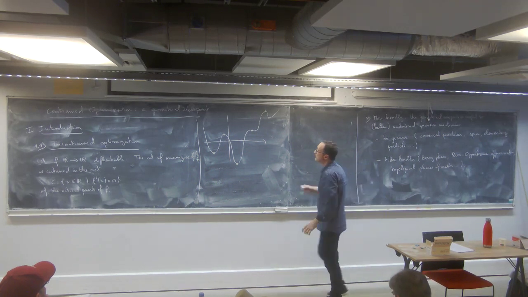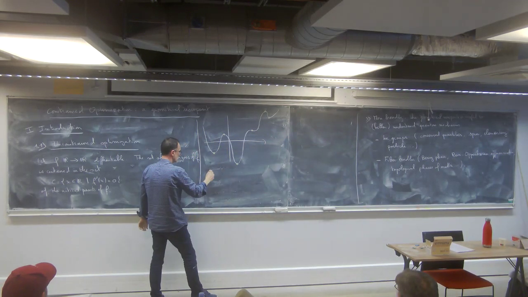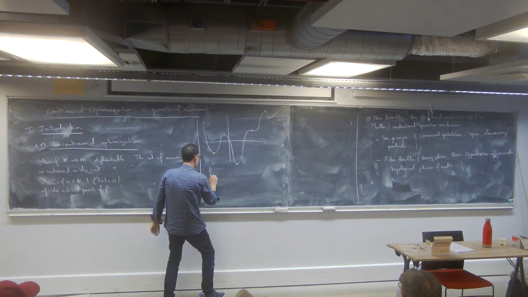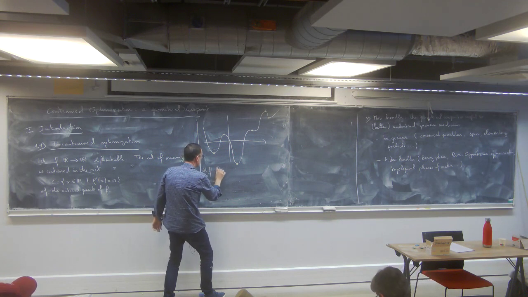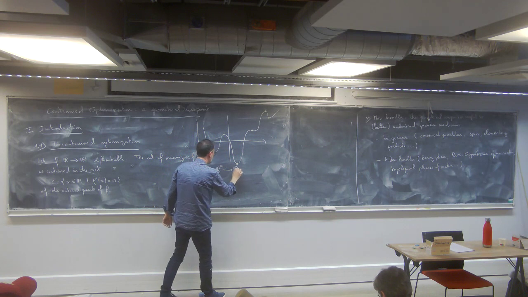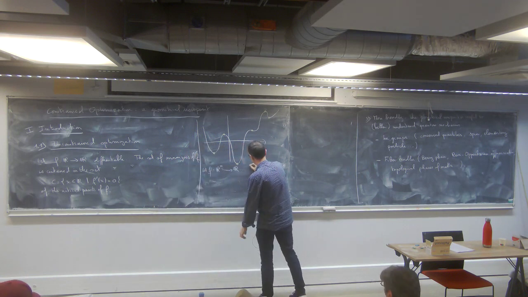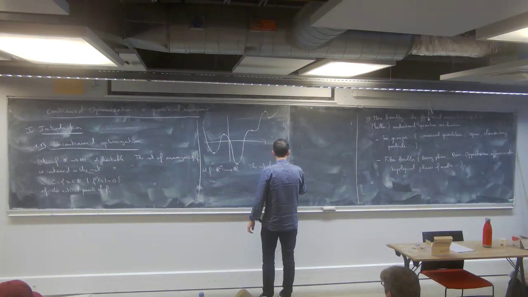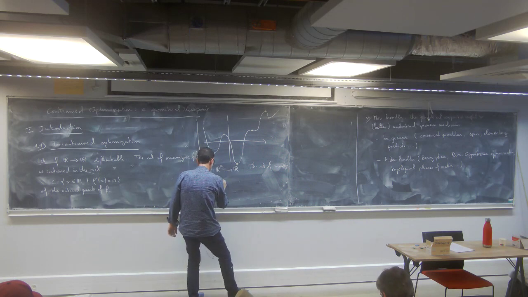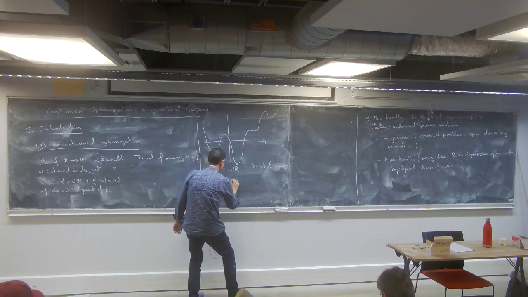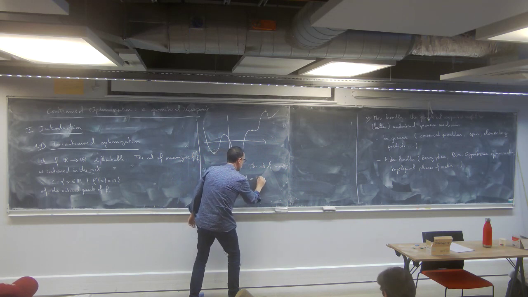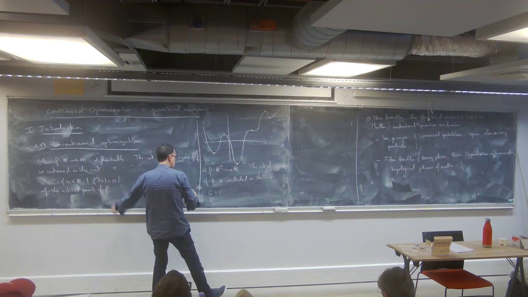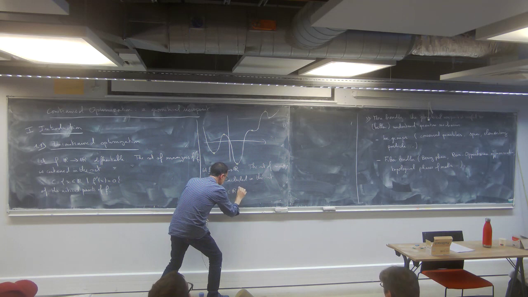So let me first recall the extension to a function f from Rn to R. So in this case, the set of minimizers of f is included in the set C. So I just have to replace the derivative with the usual Euclidean gradient.